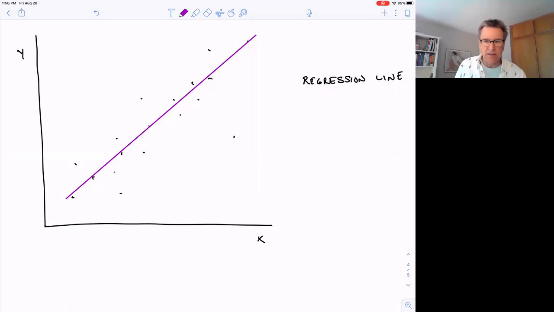Maybe x does actually cause y to occur. But just looking at this, we can't say that's for sure. All we can say is there's an association between the two, whatever it might be. So in economics, we look for correlations all the time in the data to help support some sort of theory or hypothesis about what's going on.